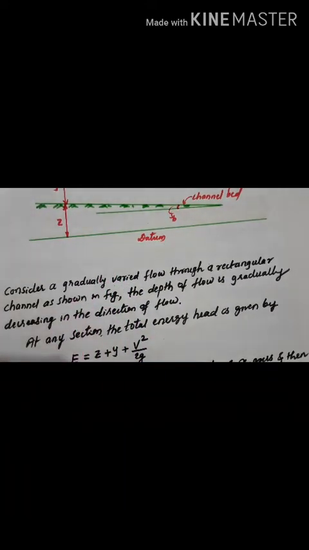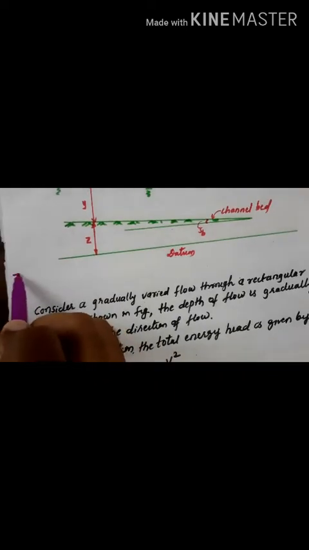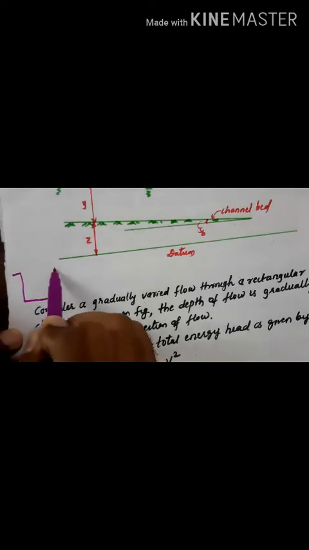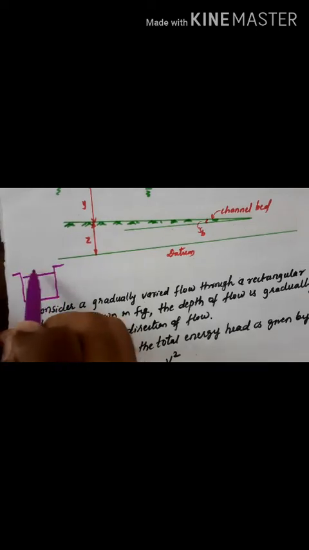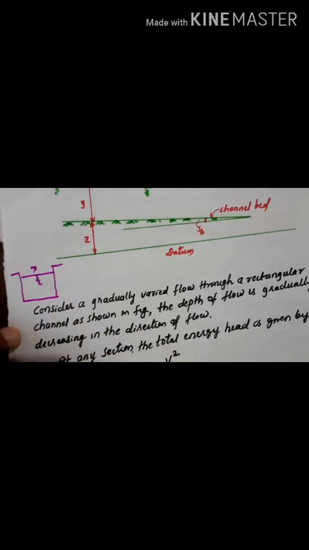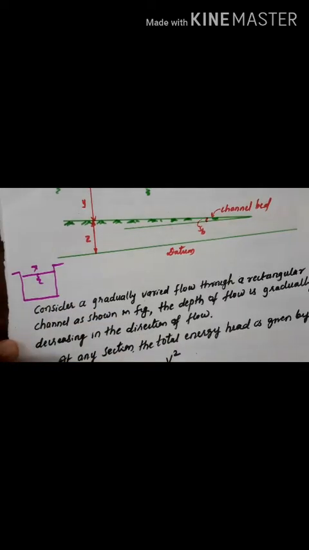Consider a gradually varied flow through a rectangular channel. The channel considered here is a rectangular, prismatic channel, meaning there is no variation in the cross-sectional area from start to end.